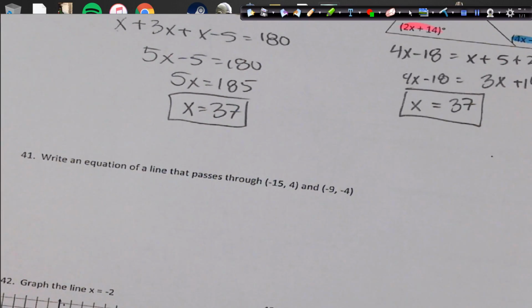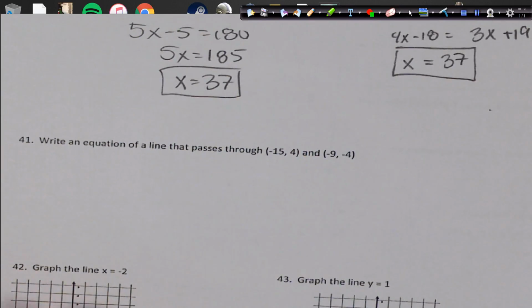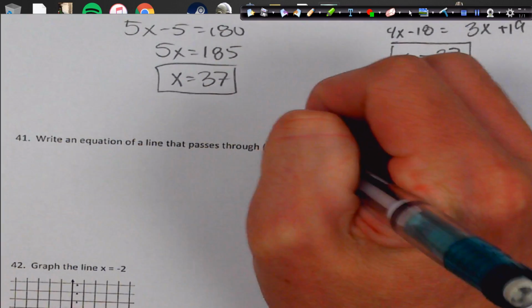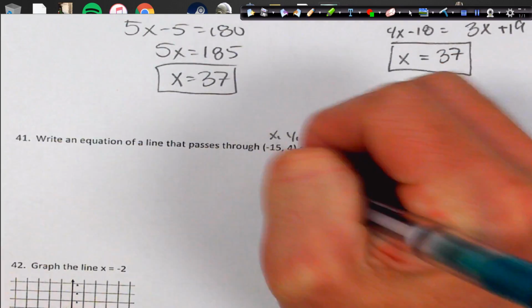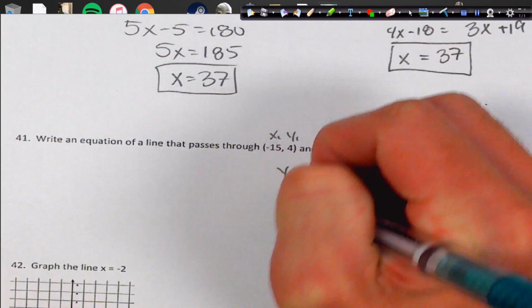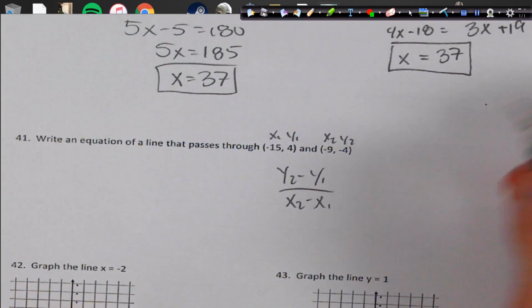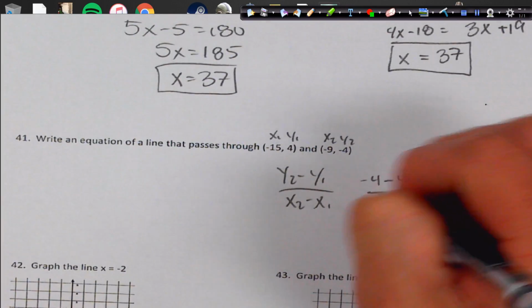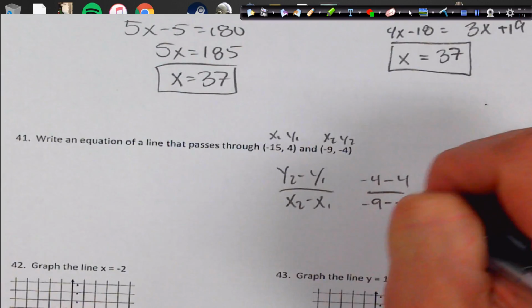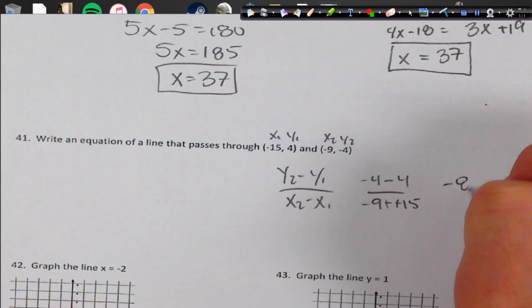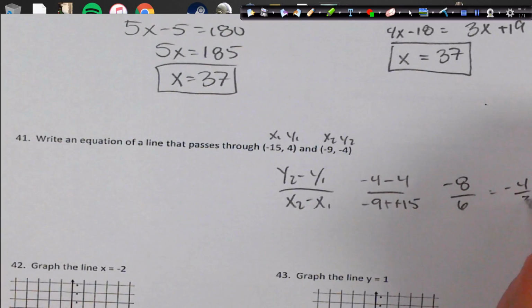Write equation of a line that passes through 2 points. So first we got to find the slope. And we're going to get negative 4 minus 4, negative 9 minus a negative 15. That's a negative 8 over, that's going to be 6, which reduced to negative 4/3.